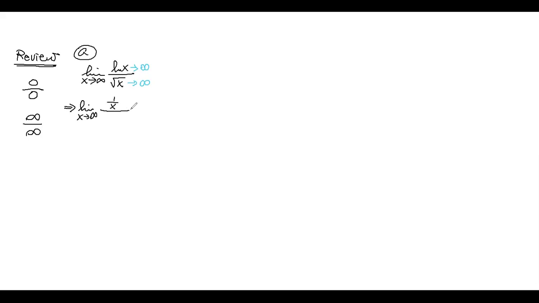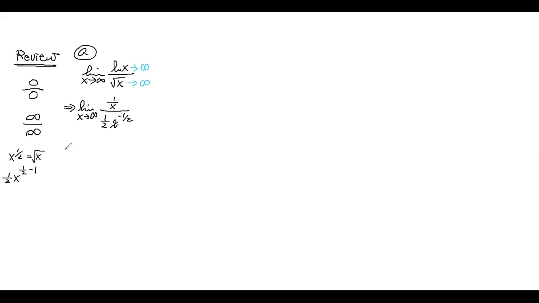The square root of x is x to the 1/2, so its derivative is 1/2 times x to the 1/2 minus 1, which gives x to the negative 1/2.